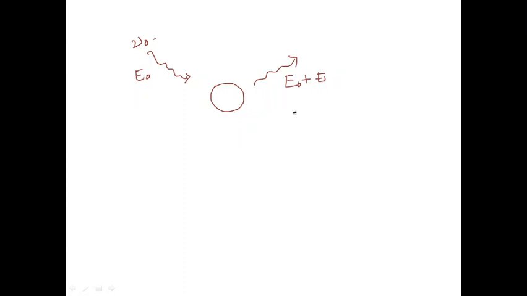So E0 plus E. Suppose E0 is h nu 0 and E is h nu, then we have h into nu 0 plus nu. So the frequency of the emitted photon is nu 0 plus nu, a frequency higher than the incident frequency.